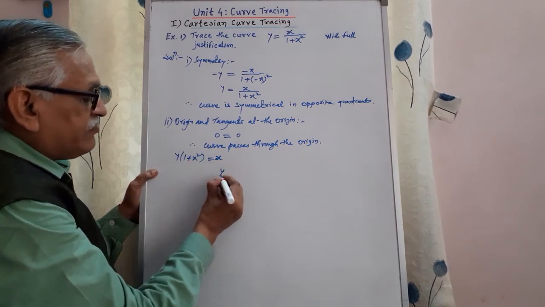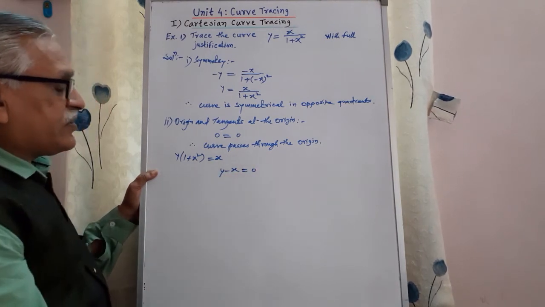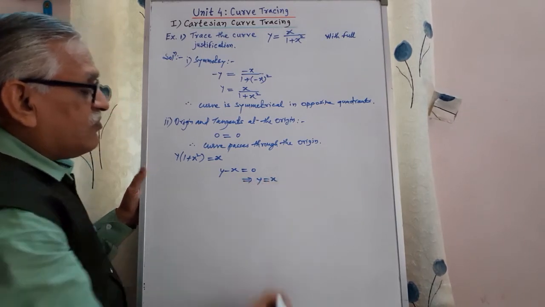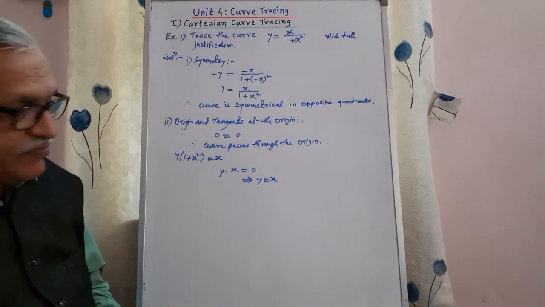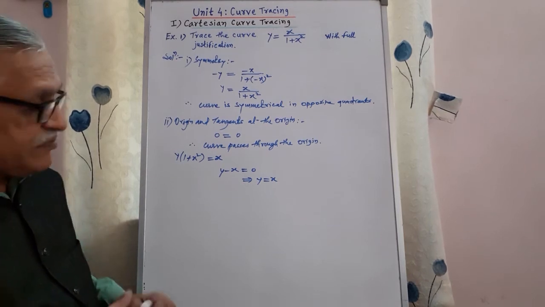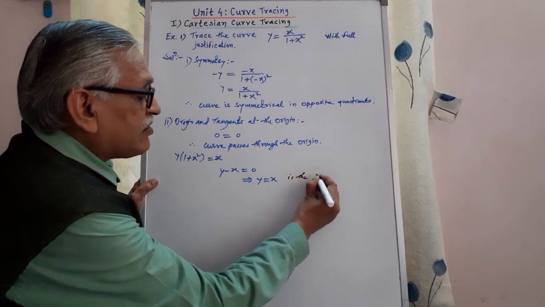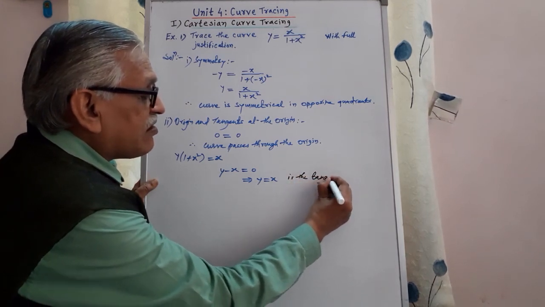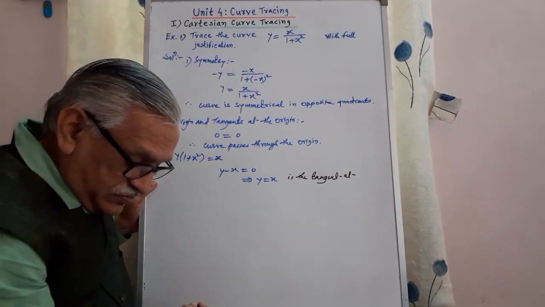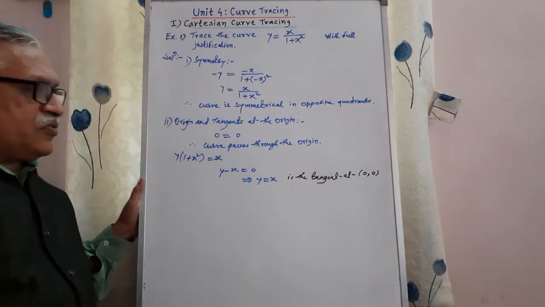One is y, and x, if you transfer to left hand side it becomes minus x, and then equating it to 0, it implies y equal to x, that line is the tangent at origin 0 0.